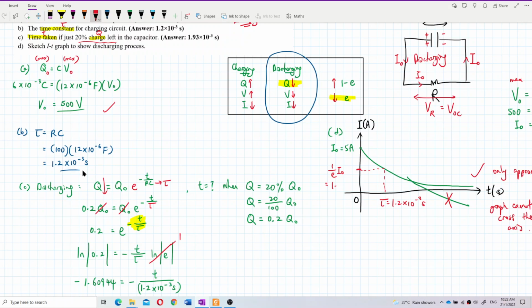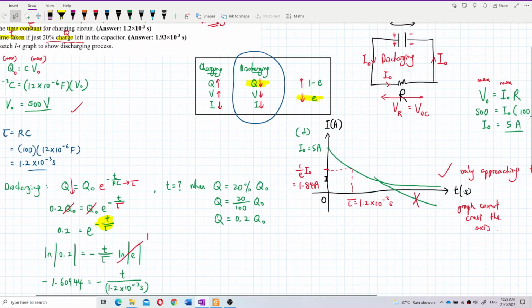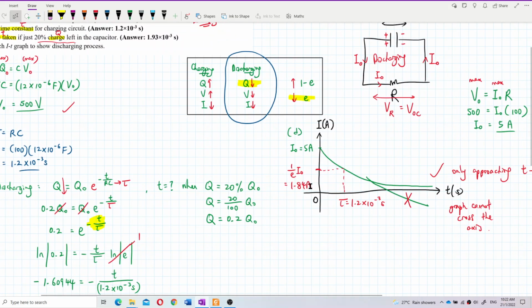This is 1.84 ampere, or we can also write 1 over e as 0.37 I naught.